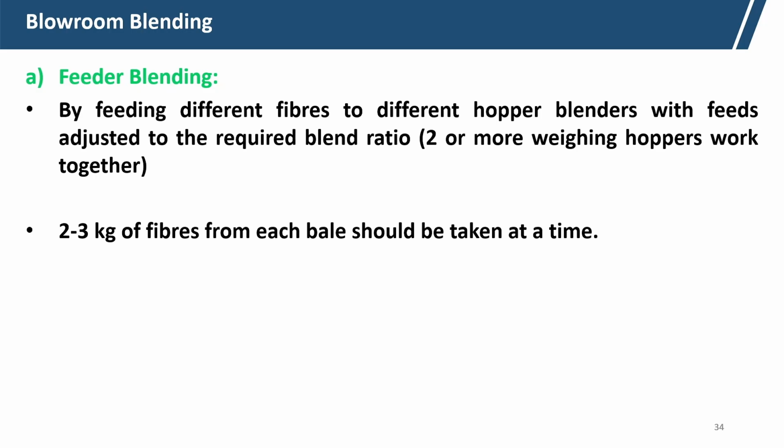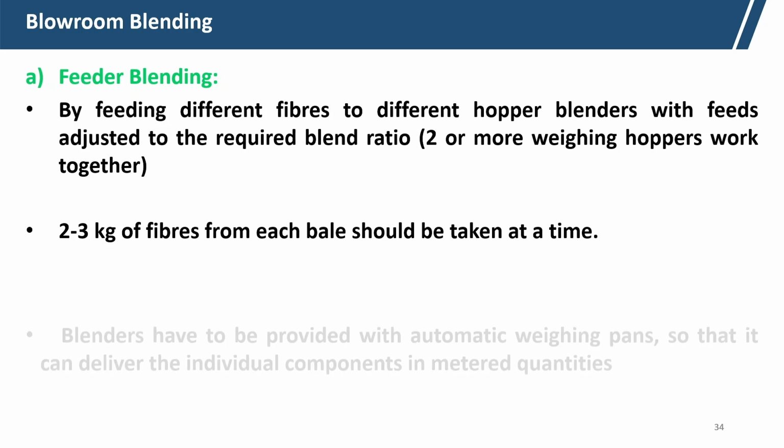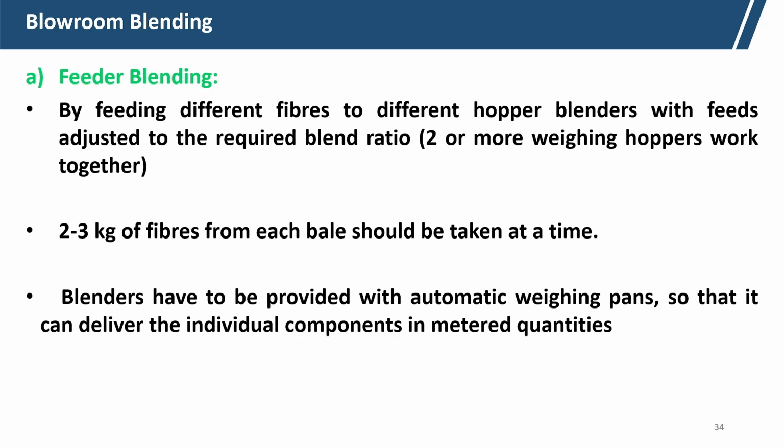The different hoppers will be there, and we feed the material, and 2 kg of fibers from each bale should be taken at a time, and blenders have to be provided with an automatic weighing pan, so that it can deliver the individual components in metered quantities.